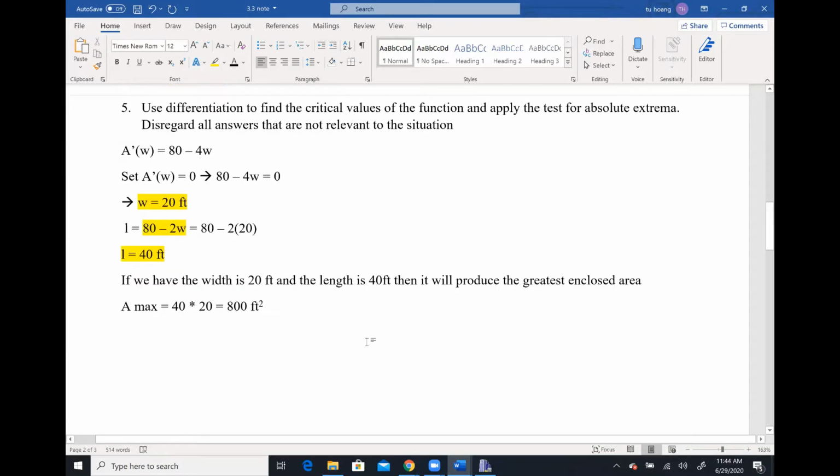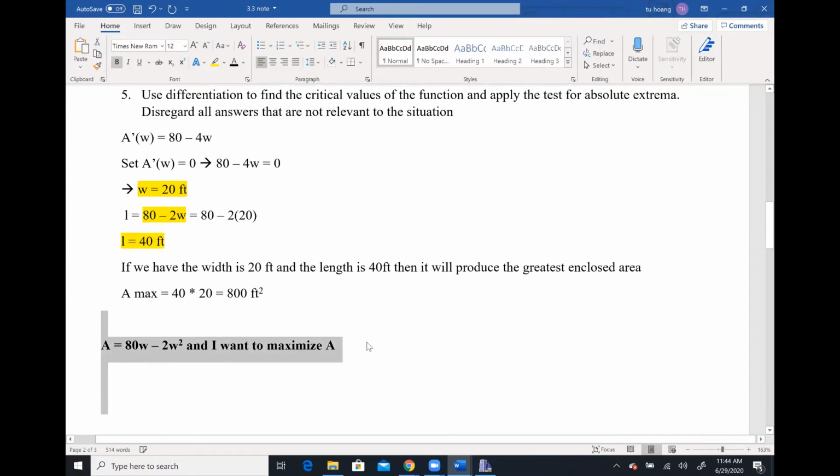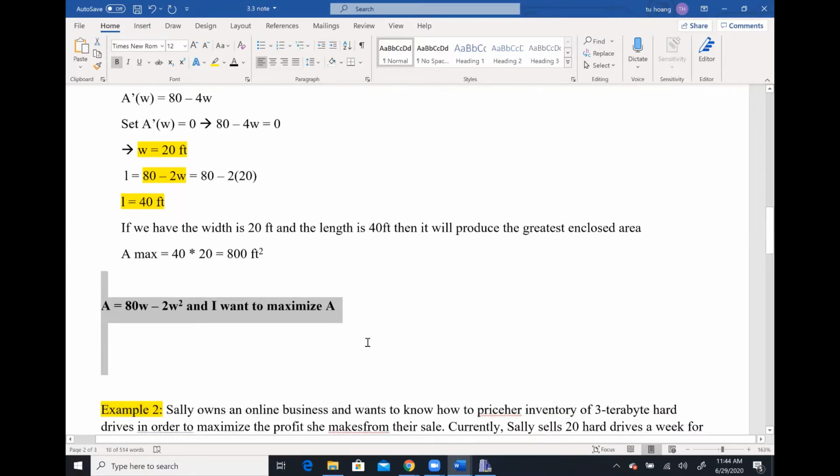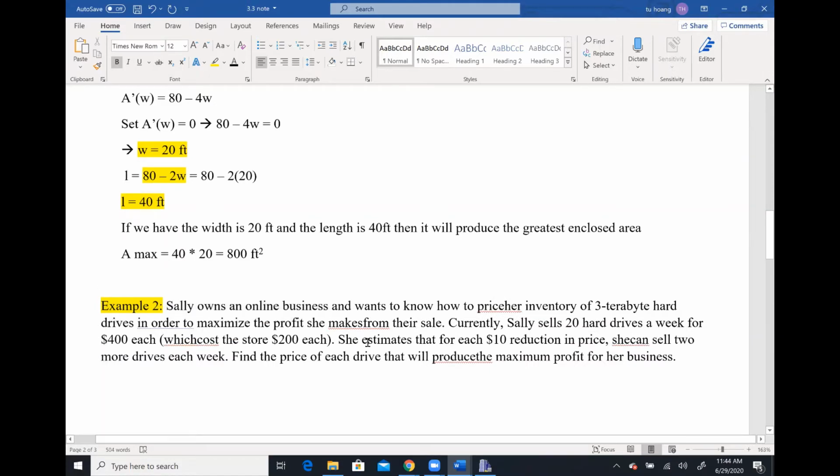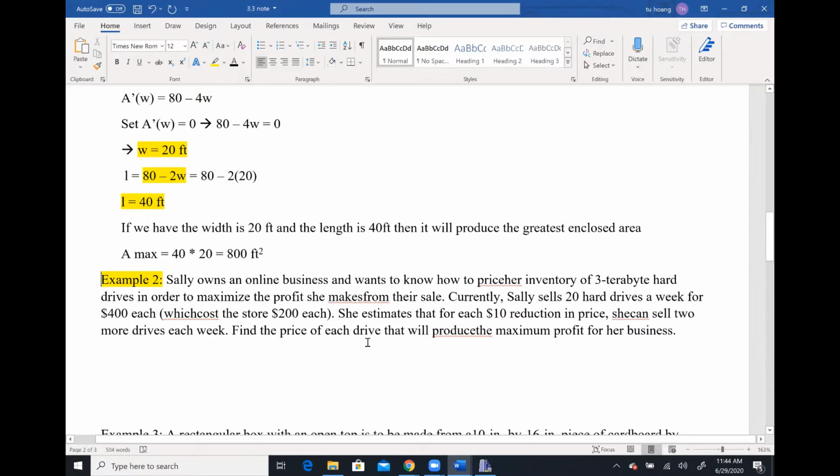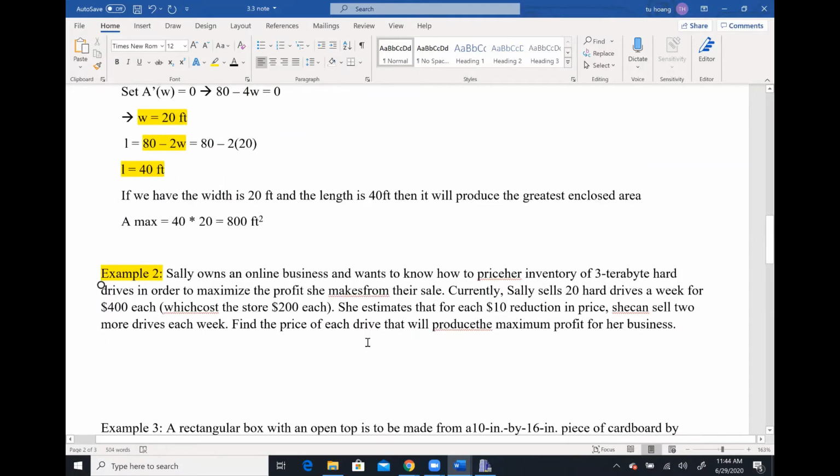Okay. So we're done with example 1, and now let's move to example 2 here.